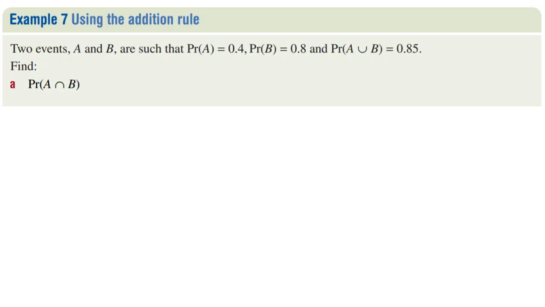Two events A and B are such that the probability of A equals 0.4 and probability of B equals 0.8 and probability of A or B equals 0.85. Find the probability of A and B. The first thing to do is write out the addition rule. Probability A or B equals probability of A plus probability of B minus probability A and B. Next step, I need to substitute in the values.